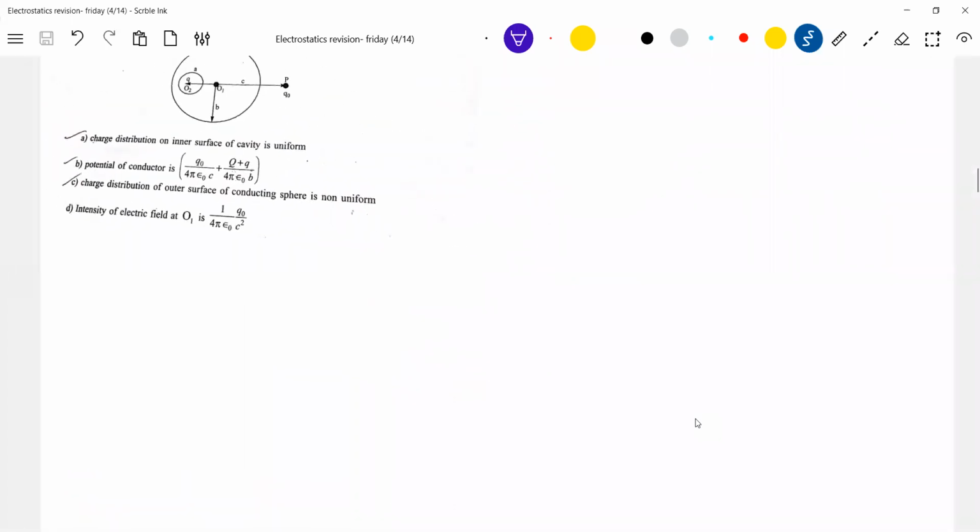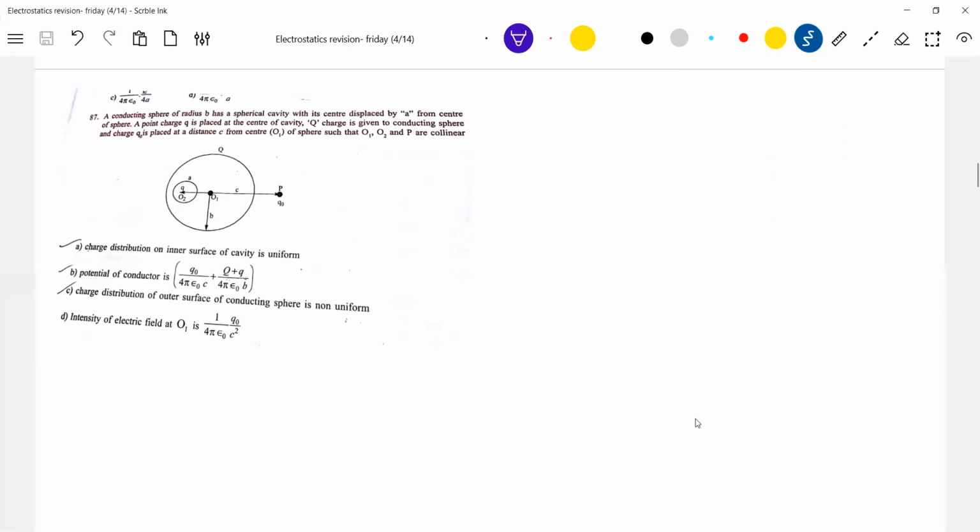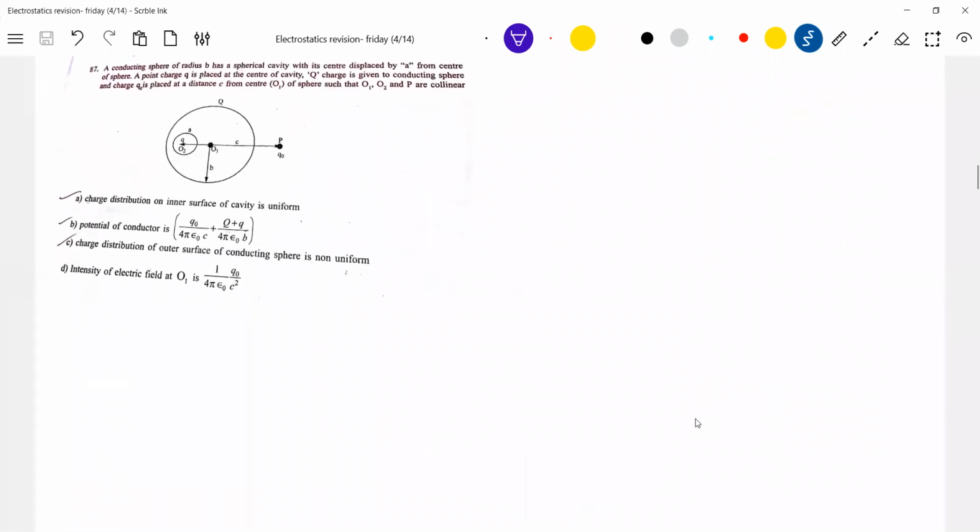This I already discussed. Let me revise. Some simple concepts are there. Read the question. A conducting sphere of radius b having a spherical cavity.